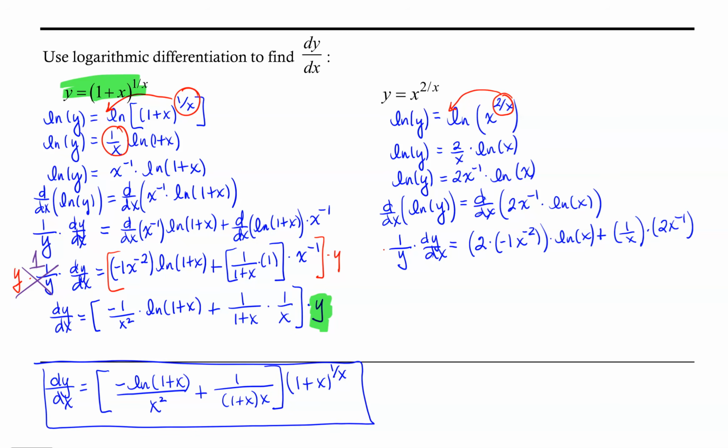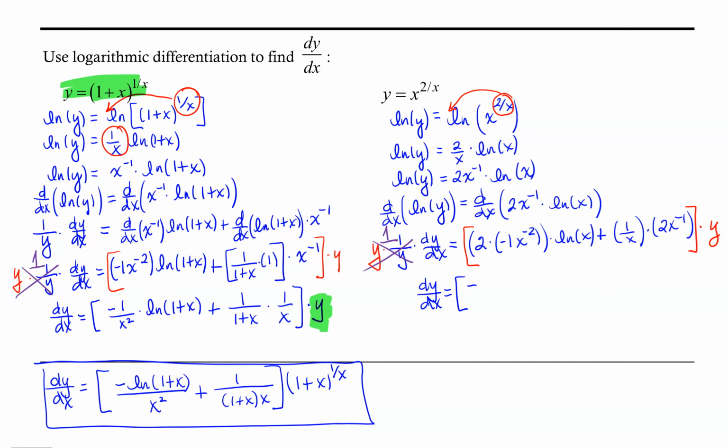At this point, let's go ahead and multiply both sides of the equation by y. And when I do that, I need to apply it to the whole right-hand side, so we'll put brackets around that. And on the left-hand side, y times 1 over y is going to give us a 1. So 1 times dy/dx is dy/dx equals, and let's see, we have 2 times negative 1 x to the negative 2 power.